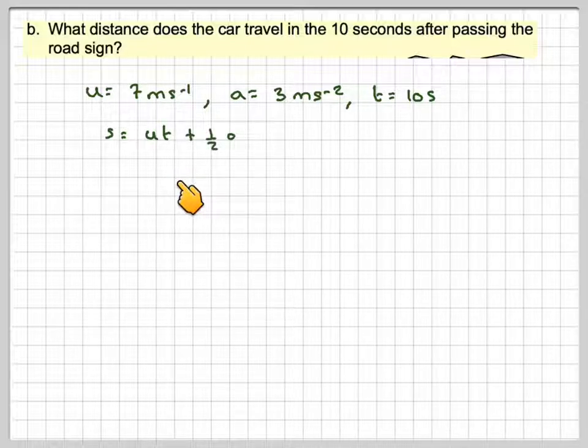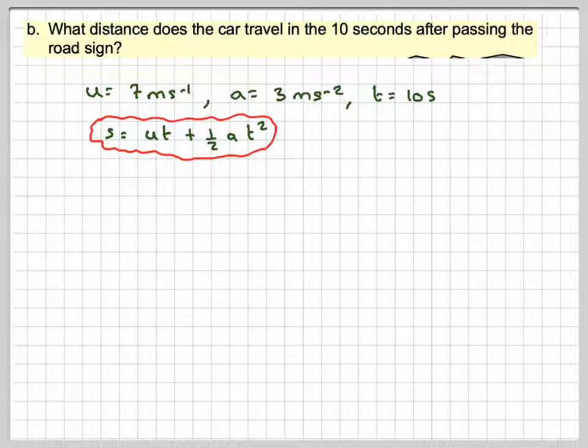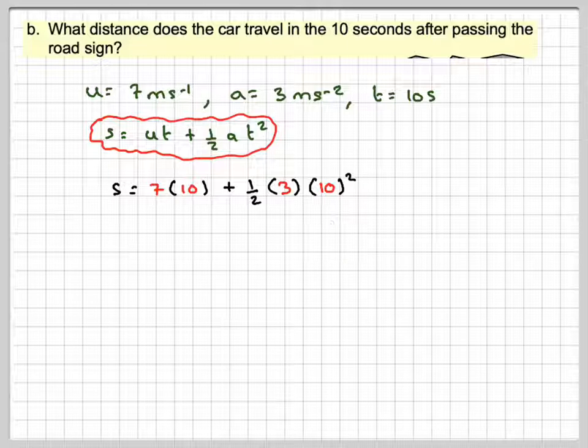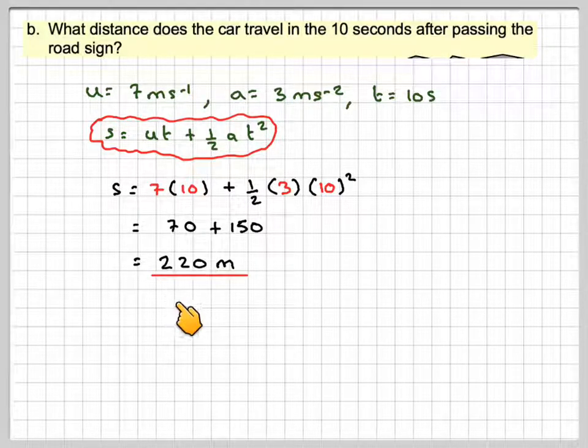Using s = ut + ½at², we have that s is going to be 7 times 10 plus a half times 3, the acceleration, times 10 squared. That gives me 70, and then 10 squared is 100, times 3 is 300, divided by 2 is 150. So that gives me a total distance travelled of 220 meters.